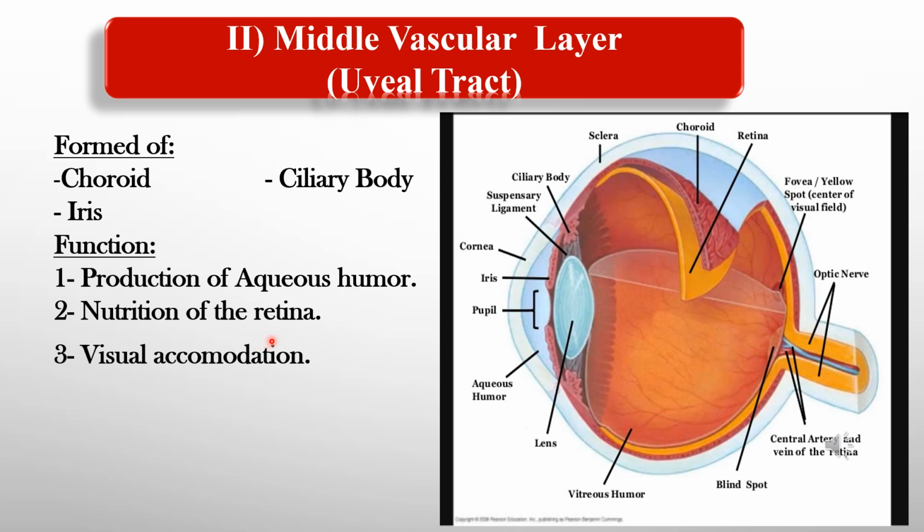Nutrition of the retina: it is responsible for nutrition of the innermost layer, the nervous layer, the retina. It is also responsible for visual accommodation, as the ciliary muscle helps accommodation for far and near vision.